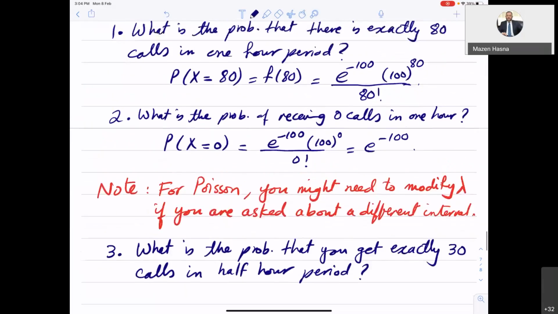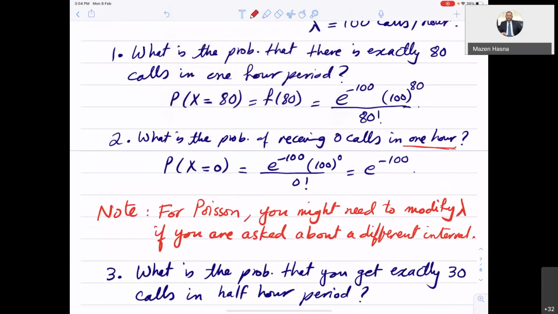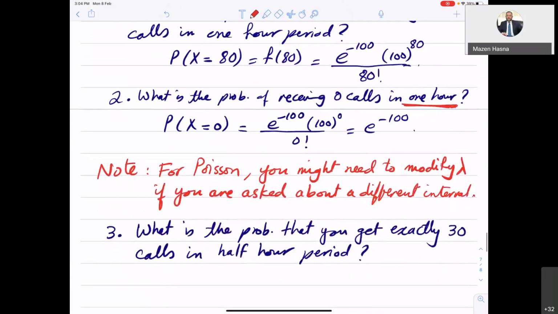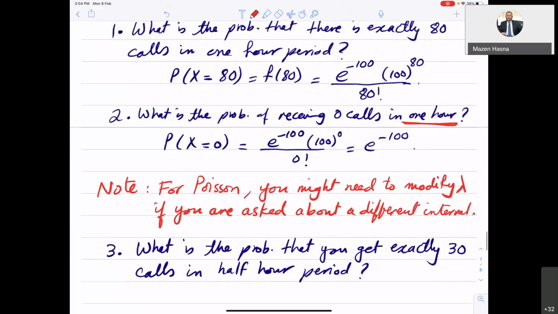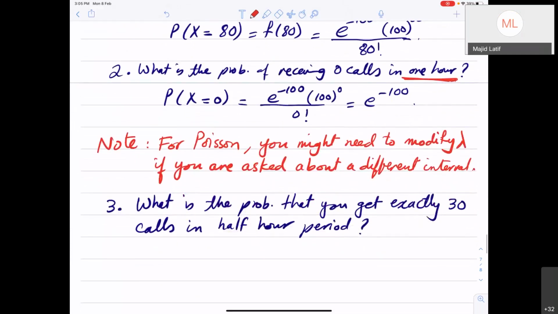So if you notice, in all the previous parts I was asked about a 1 hour period, right? Now we need to know the average of half-an-hour calls. So now I'm asking about a half-an-hour period, and here you need to modify your lambda.